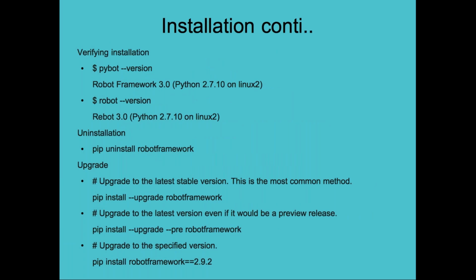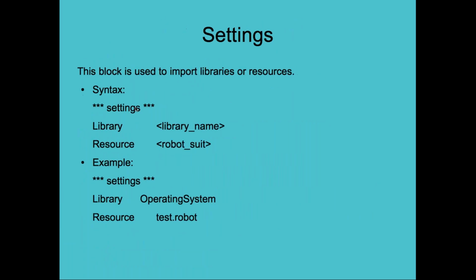If you install directly with pip install robotframework, it will download the latest Robot Framework. Similarly, you can give the other command, robot --version, the same thing. You can execute the Robot script with these two options, pybot or robot.